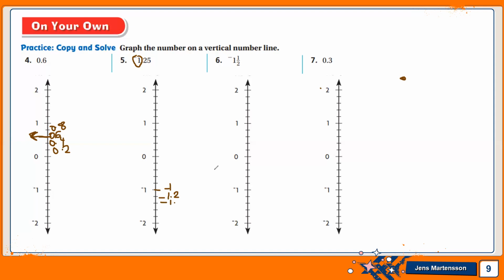Negative 1.8 and negative 2. Thank you. Now, where is negative 1.25? It's somewhere here, between negative 1.2 and negative 1.4.